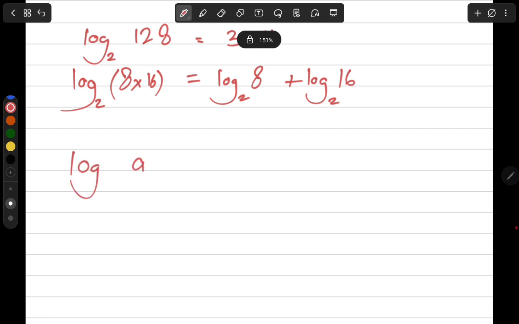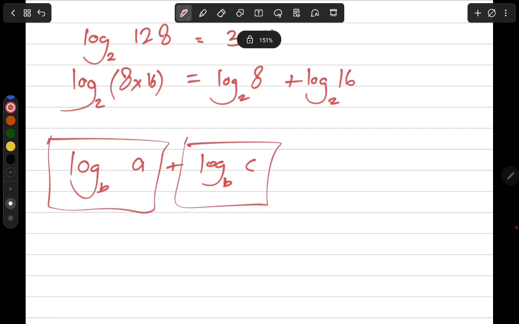So the first rule is log a to the base b plus log c to the base b. The restriction is that your bases ought to be the same, right? You have b on both sides, so this becomes log a times c to the base b.